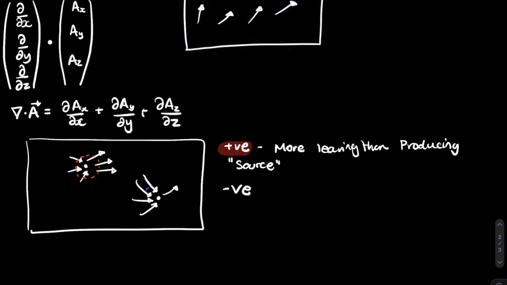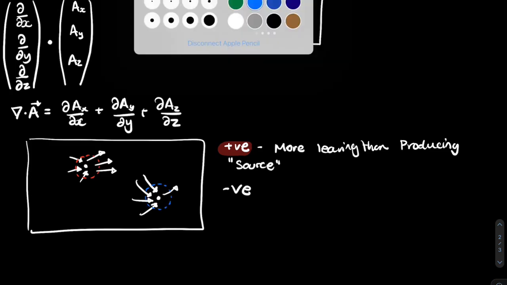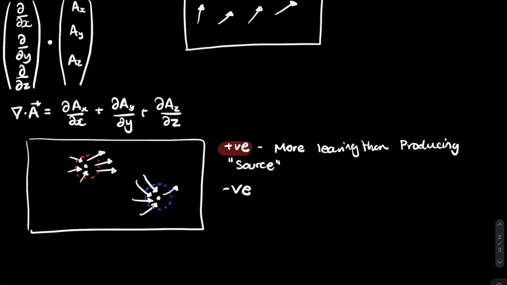So this region of space actually has a negative divergence, and so this quantity is going to be negative for this region of space in particular. So it acts a bit like a sink rather than a source. More stuff is entering than is leaving, so it's sucking it in. And that is essentially what the divergence is measuring.